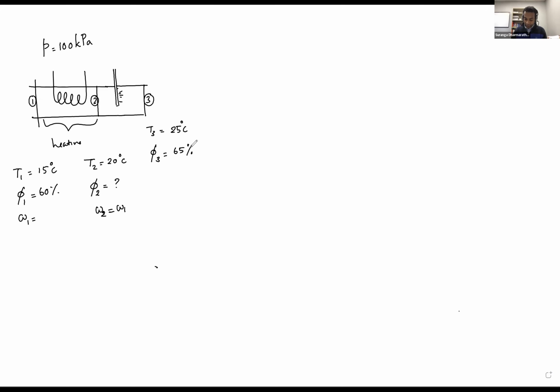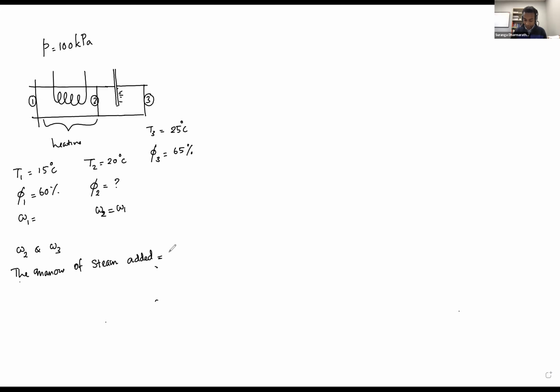Now we need to find what the question asks, question 1, the amount of steam added to the air. The amount of steam added can be found if you know the value of omega 2 and omega 3, because the amount of steam added is, actually we can only find that per unit mass of dry air.